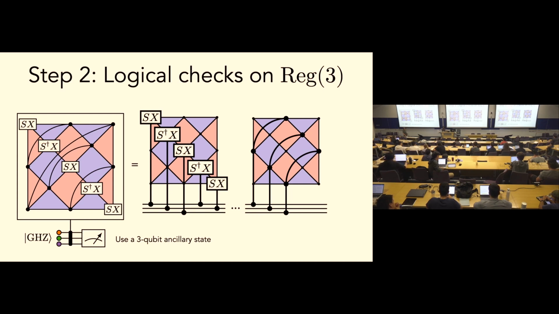If you used a 1-qubit GHZ state, then you can imagine that any error on the ancilla would spread to the whole surface code. But because we're distributing the ancilla state to be a 3-qubit GHZ state, an error on one of the qubits may spread to part of the surface code, but we've designed it such that it does not create a logical error. And because it's on part of the surface code, there's a subsequent round of stabilizer measurements which then detects the presence of this non-logical error.